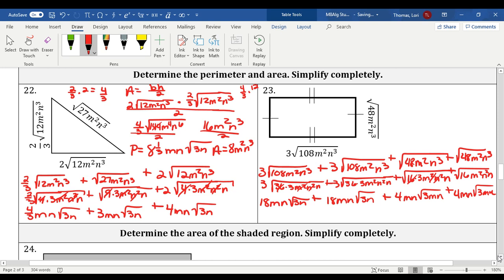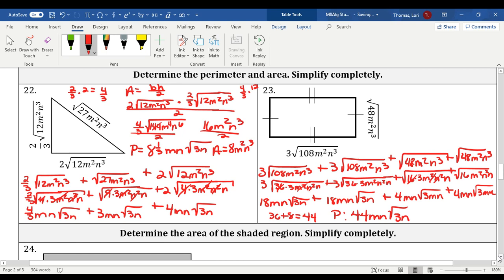So 18 plus 18 is 36. And I have 4 and 4, that's going to give us 8. So that's going to be 44. So our perimeter is going to be 44 mn radical 3n.